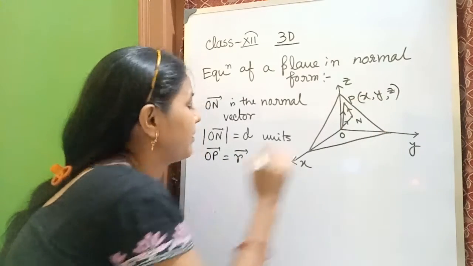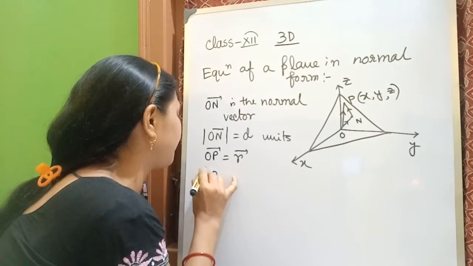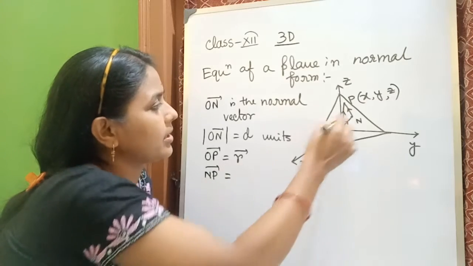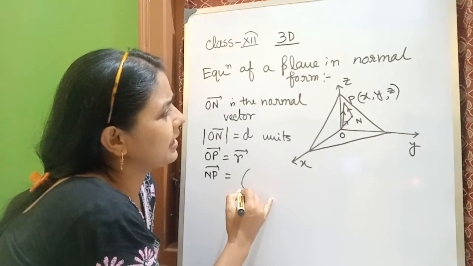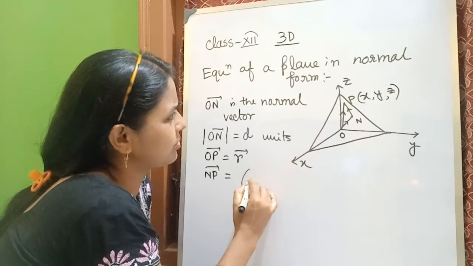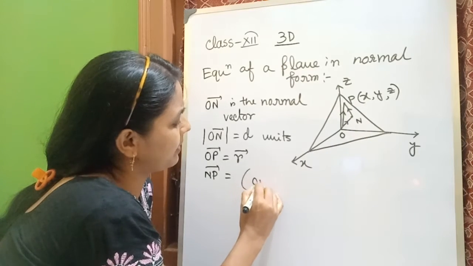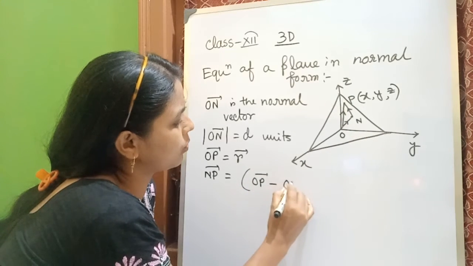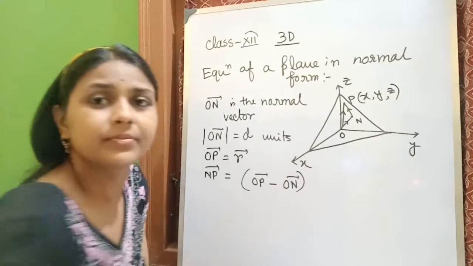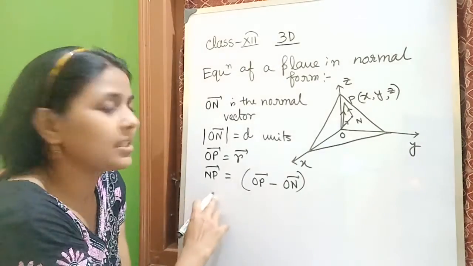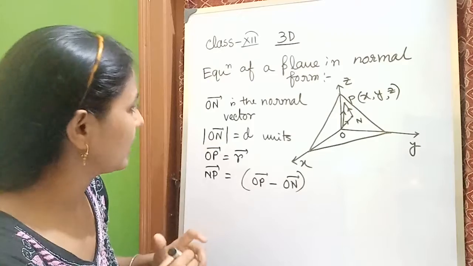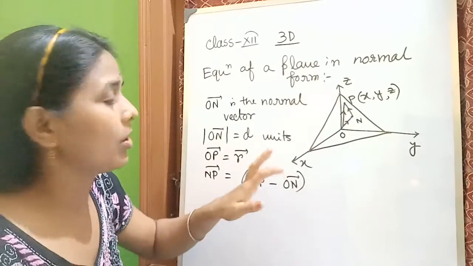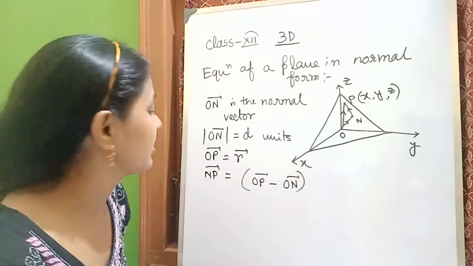NP vector equals, by triangle law of vector addition, OP vector minus ON vector.